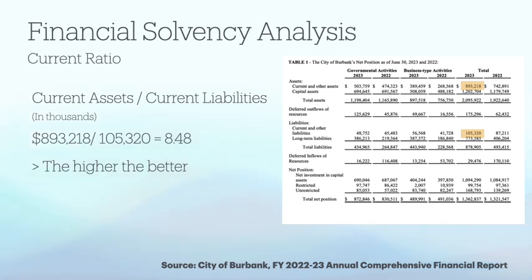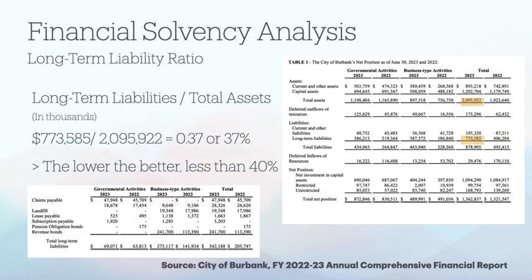The higher, the better, which means that you have more current assets to cover your current liabilities. A lot of different types of assets fold into current assets. It doesn't just include cash. For example, it includes inventories and receivables. But this type of ratio provides a quick snapshot of how a city's most liquid assets can cover its most current liabilities.